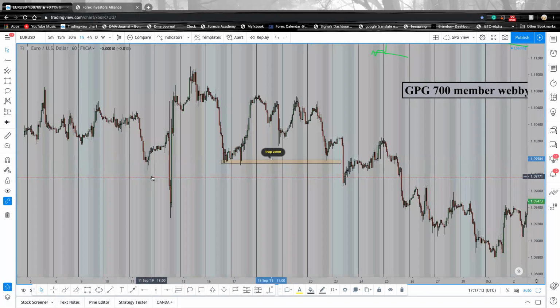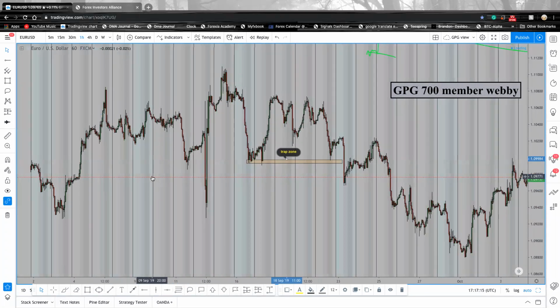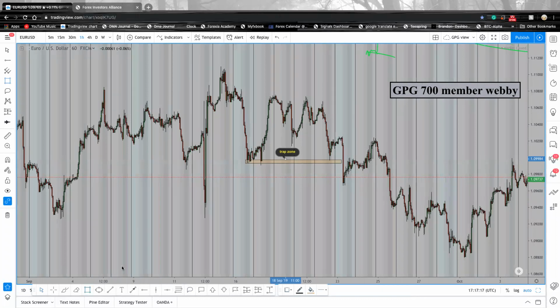So in this trap zone, let's look for another area where retail traders potentially have their stop losses. This is one area that acted as support or resistance before, right? If you don't like it, then this is another zone that retail traders think is support and resistance.